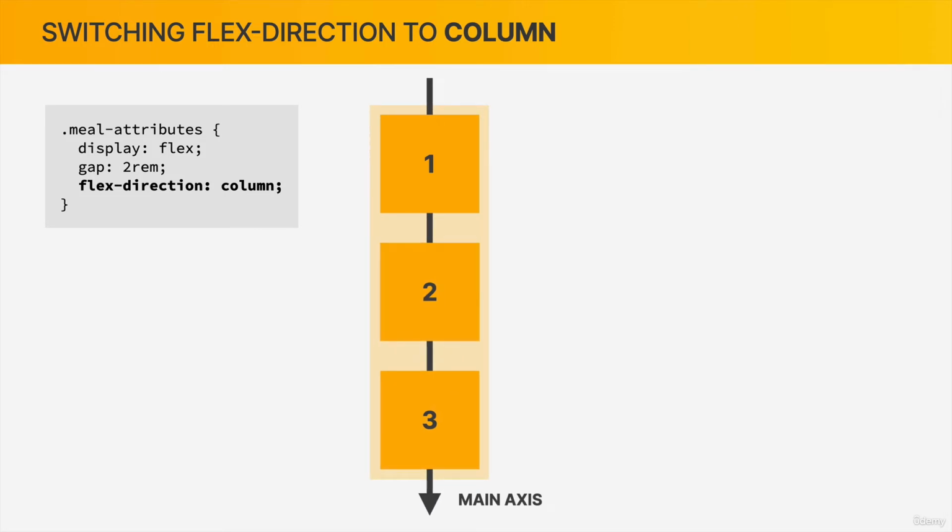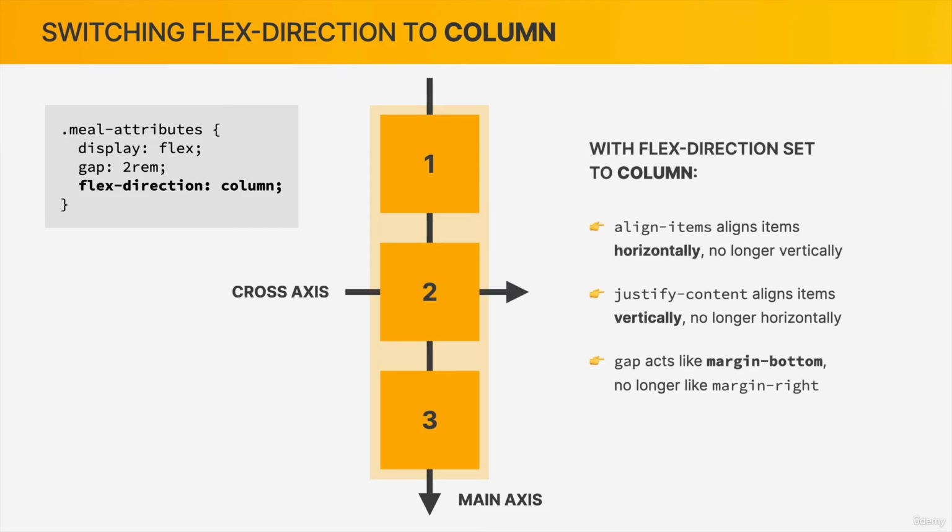And so the main axis is now rotated 90 degrees, and the same thing for the cross axis. And so in this situation, the align items property will now align the items horizontally and not vertically, and also justify content does now align the items vertically. Okay. And finally, the gap property now acts a bit like the margin bottom property and no longer like the margin right. So basically, it applies the spacing now vertically and not horizontally.